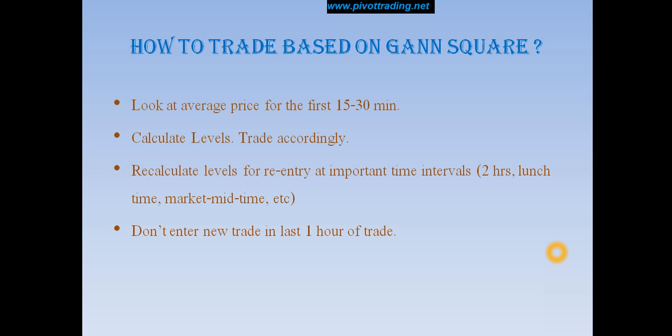Let's say the Indian market opens at 9:15 a.m. We should calculate the Gann levels somewhere between 9:30 and 9:45. This is the ideal time. This does not mean that if you could not calculate the levels in this window, you cannot use the Gann Square of 9 throughout the day. It's just that this is the optimal time, which would give you better levels to trade for the whole day.